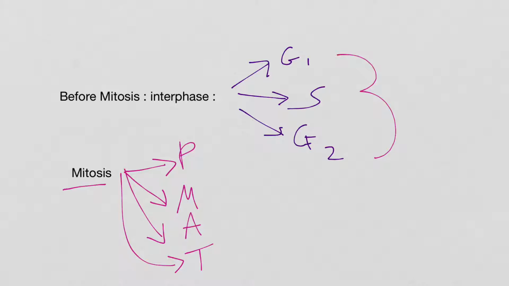I remember this as being PMAT, a really easy way to remember all 4 parts of mitosis and the order they come in. The first starts with a P, second M, then A, then T. If you just remember PMAT, it will be a helpful acronym to help you remember mitosis as a whole.